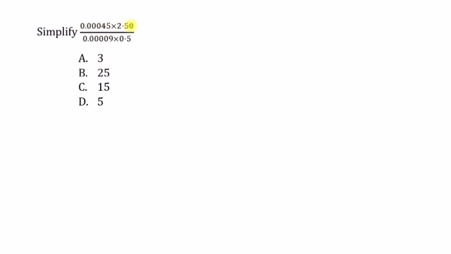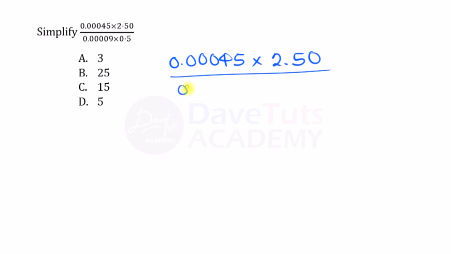So on the numerator, if I want to simplify this, I'll need to move my decimal place. Let me just write this out first. 0.00045 times 2.50. I'm dividing with 0.00009. You don't want to miss the number of digits, so you need to be consistent with what you are doing.